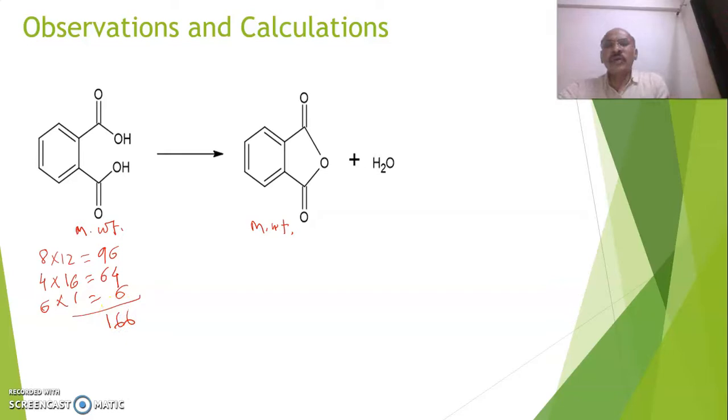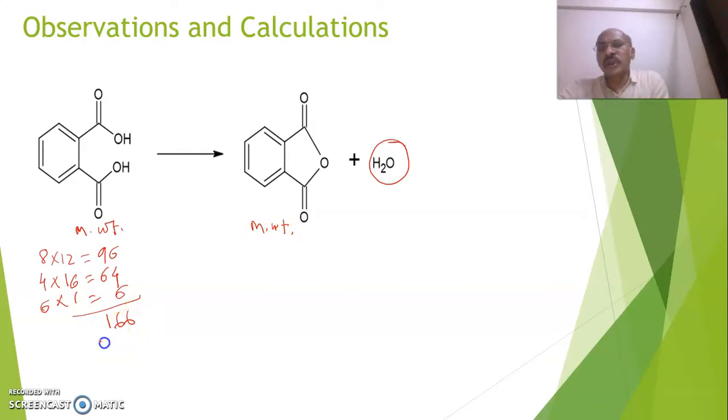Now what is the molecular weight of the product? From the reactant towards the product, only a water molecule is given out. No reagent, nothing else is incorporated in the product; only water is removed from the reactant to form the product.